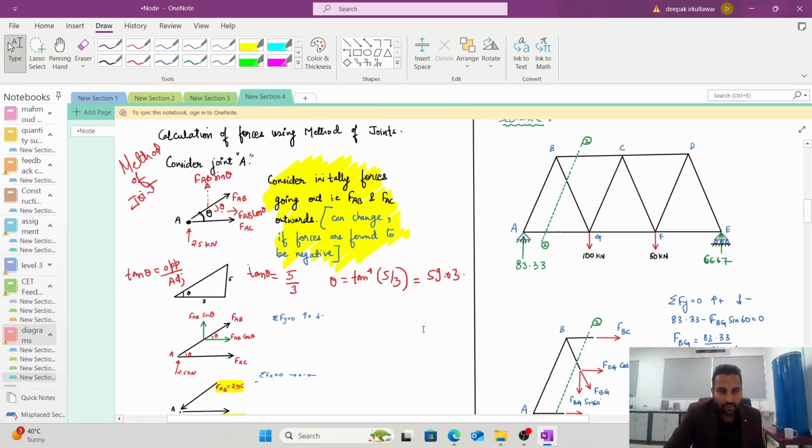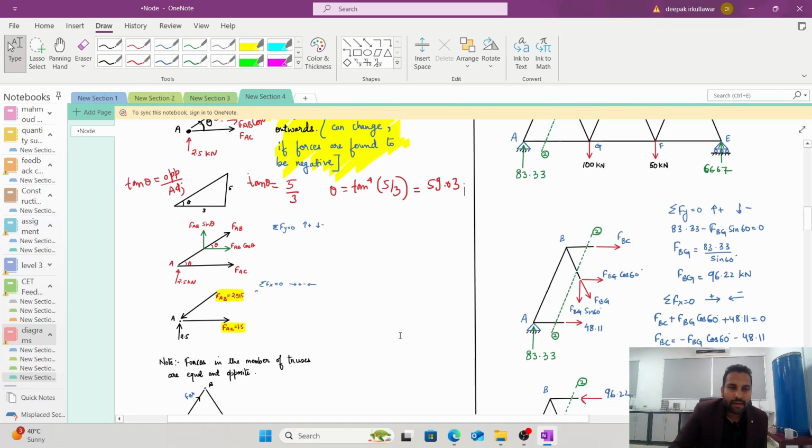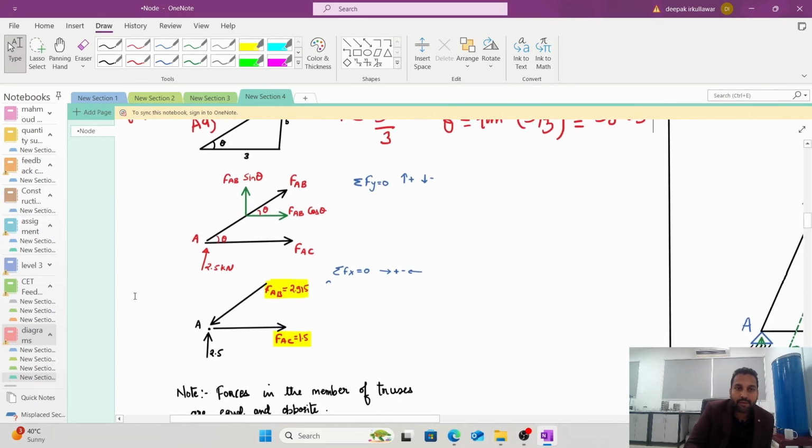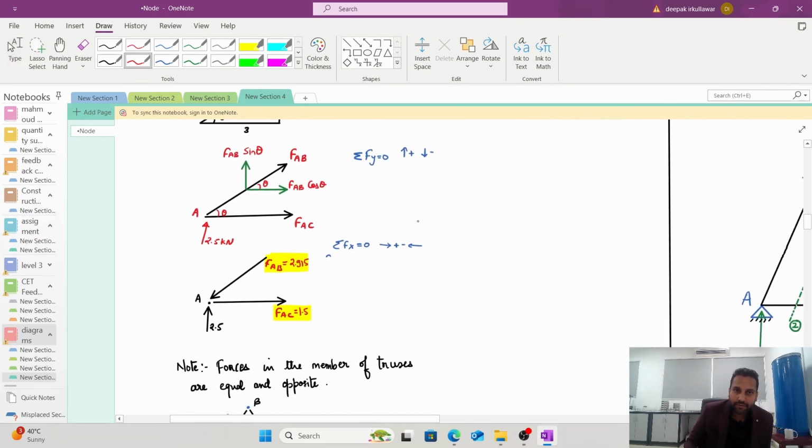Now, once you have the theta, you will do the same steps which you have done earlier. What are those steps? Using the equilibrium equation to find these values. First, I will do summation of Fy. What all forces are going up? 2.5 is going up, plus FAB sin theta is also going up. Both are positive.